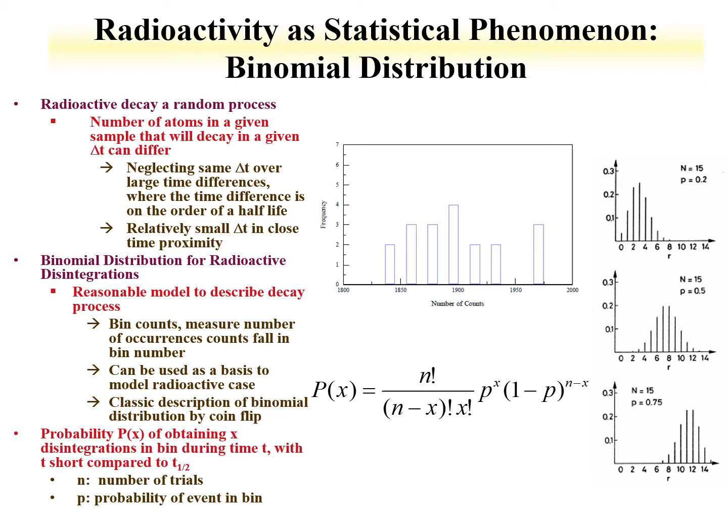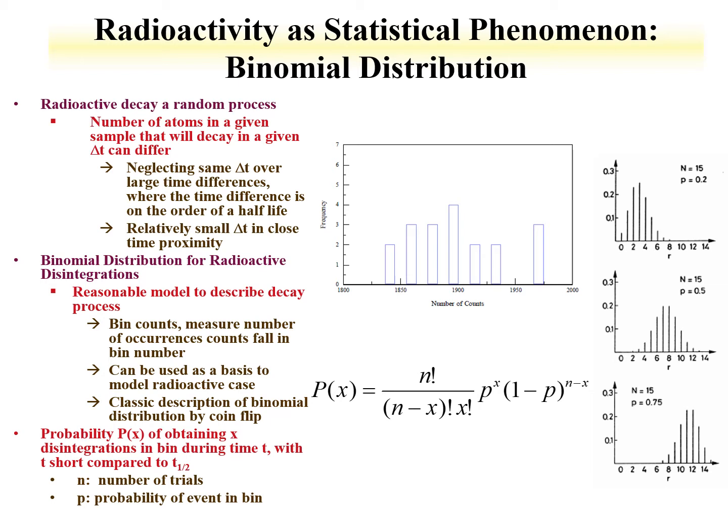So the amount of time that you count something is much shorter. If I took a sample with a very long half-life, something like uranium-238, and I counted it for 10 minutes, with a half-life of 4.5 billion years, the amount of atoms that are going to have disappeared is relatively small. But my count rate can vary over that relatively short time.